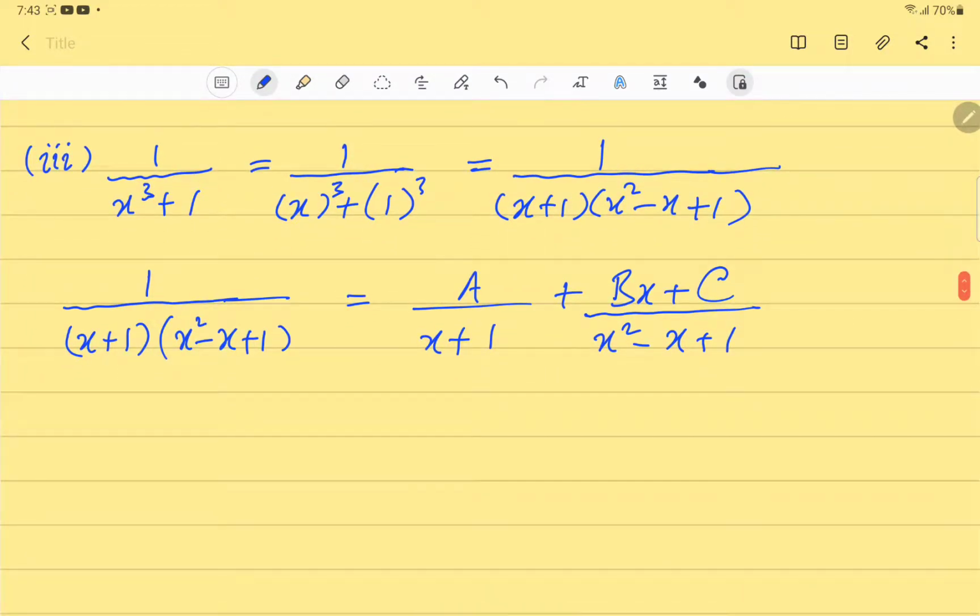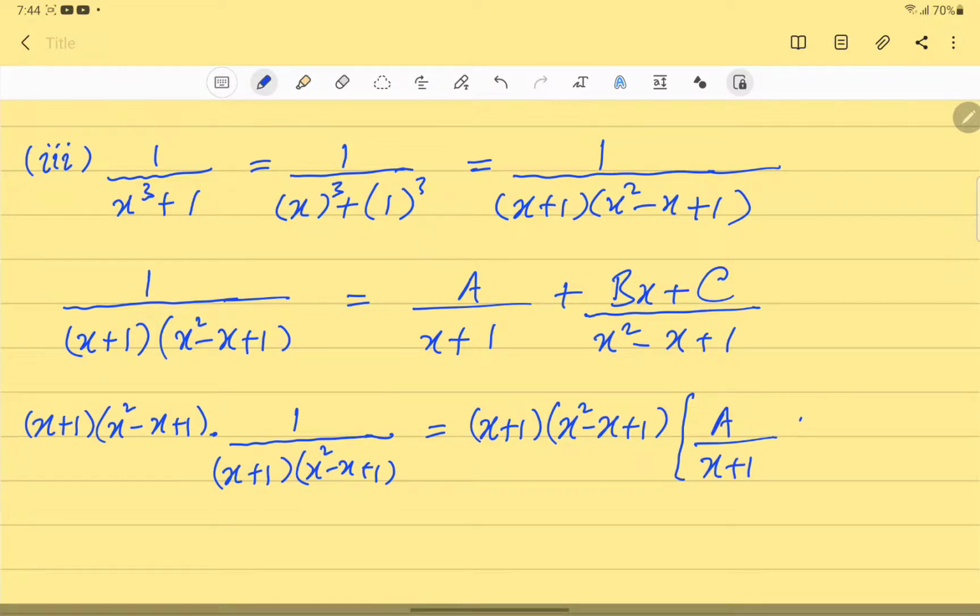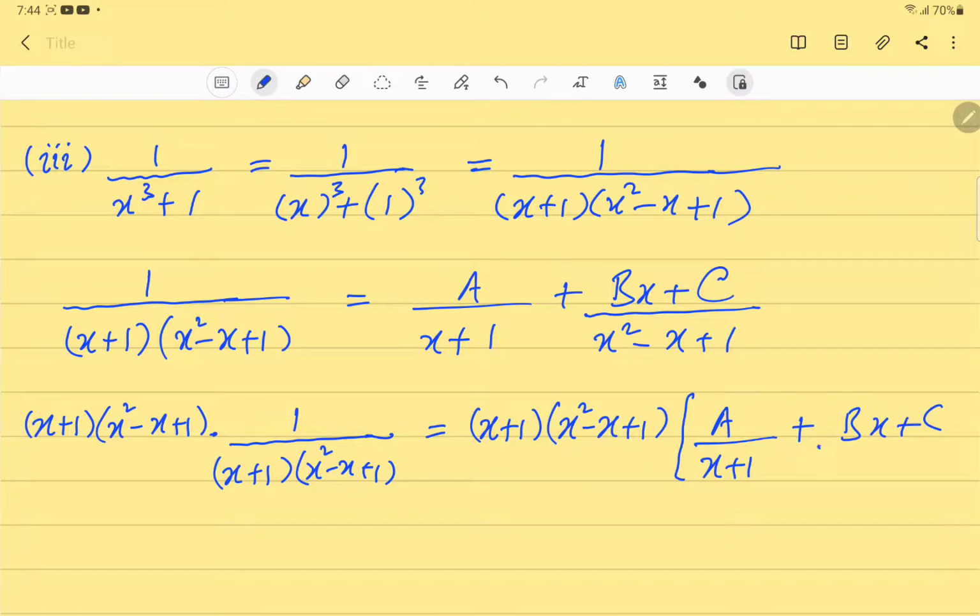Now we will multiply both sides by x plus 1 into x square minus x plus 1. 1 over x plus 1 into x squared minus x plus 1 equals to x plus 1 into x squared minus x plus 1, A over x plus 1 plus Bx plus C over x squared minus x plus 1.